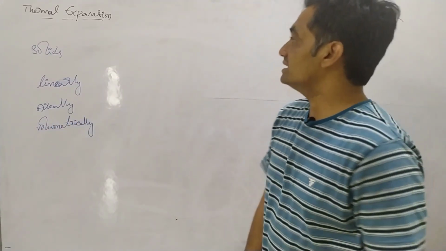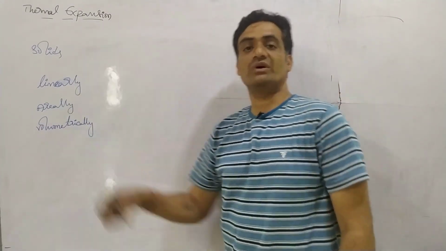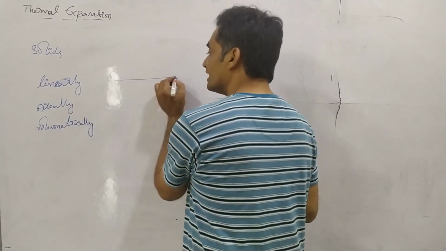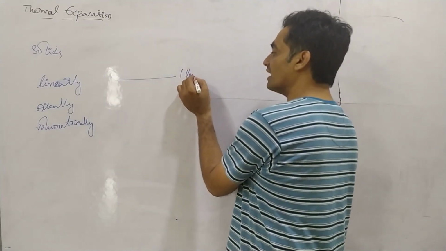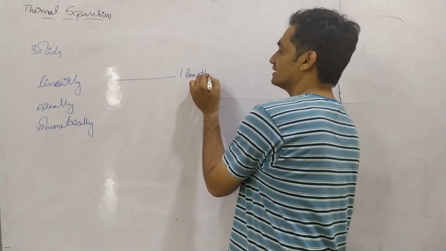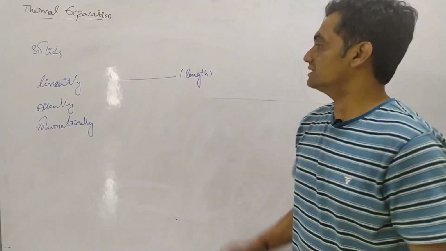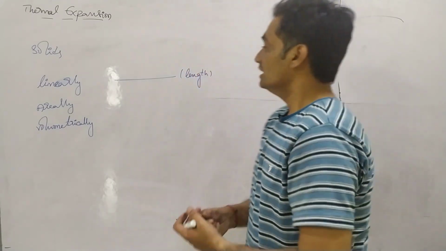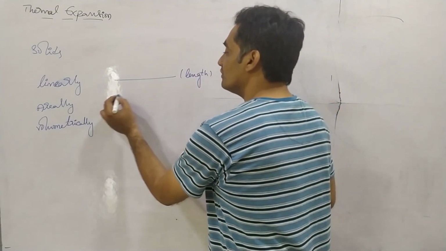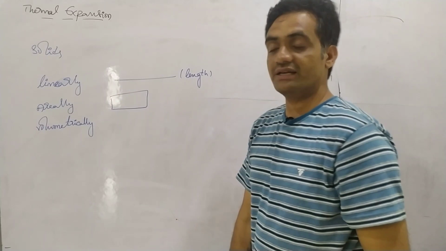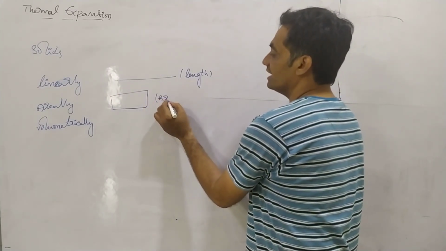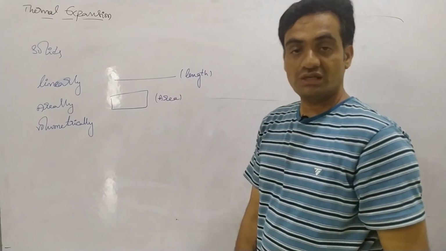Come to the case when a solid body has been heated, then it can expand lengthwise. Then we can represent it as linear expansion. Suppose the area of the body is expanded, then we can represent it as areal expansion.